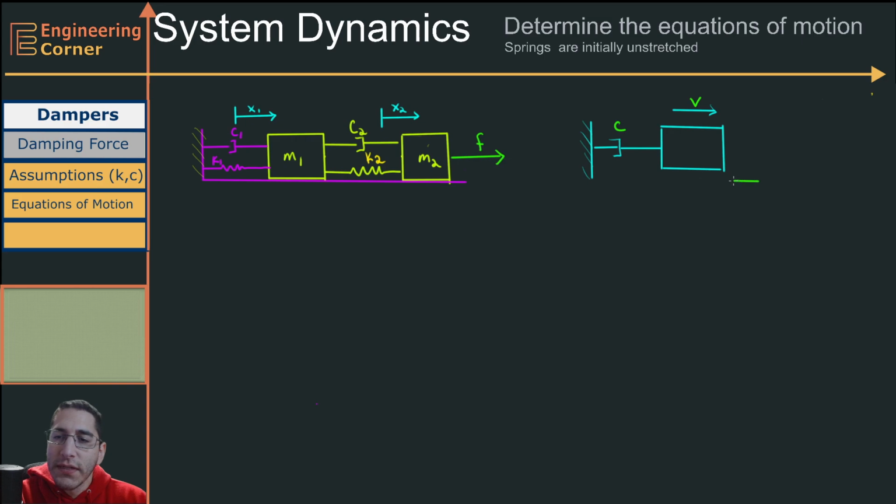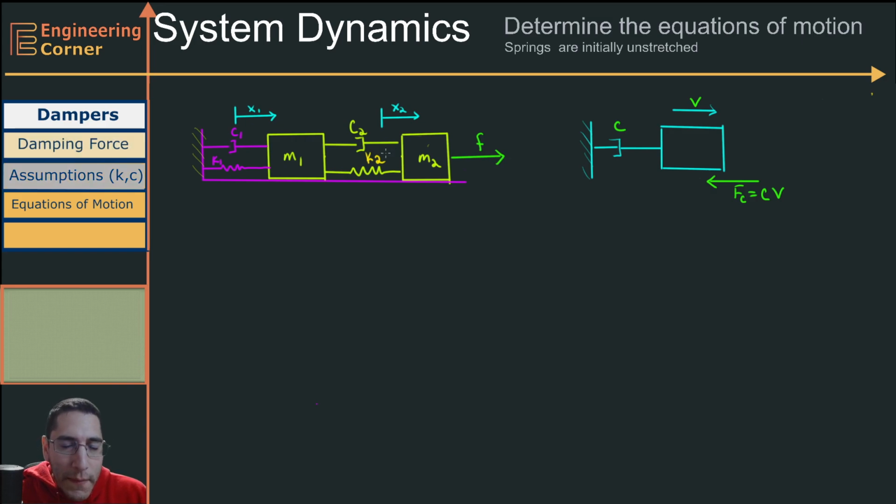The damping force is going to oppose our velocity, and it's going to be equal to c, this coefficient, times whatever our velocity is. So just like our spring has a force of kx, the damping force has a force of cv, where v is the velocity. And we're going to use that in this problem.